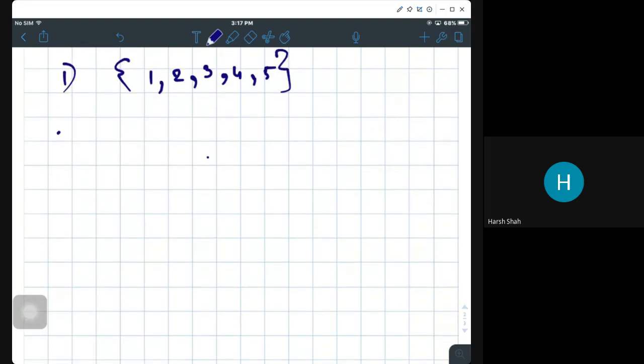After this, we have another notation which is set builder form, where we write the elements of the set as, let's say there is an element x such that x belongs to a universal set. I'll prefer, let's say I take integers. So I'll write x belongs to the integer set.